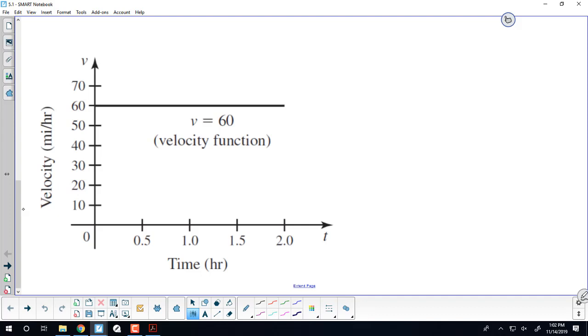Here, if we have our velocity function graphed, it's a constant 60 miles per hour on the first 2 hours. And if we were given this specific situation, what is the displacement here?